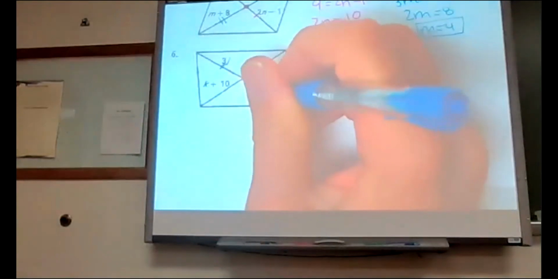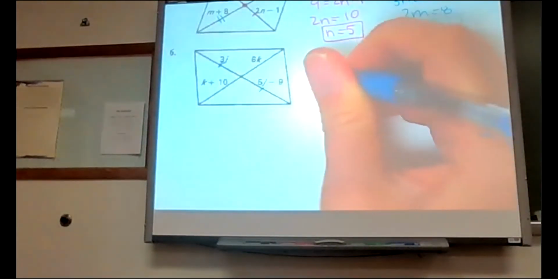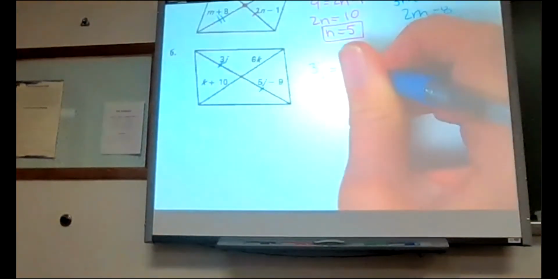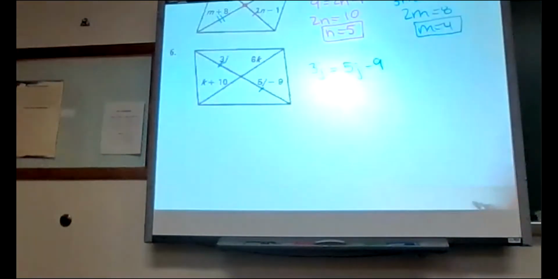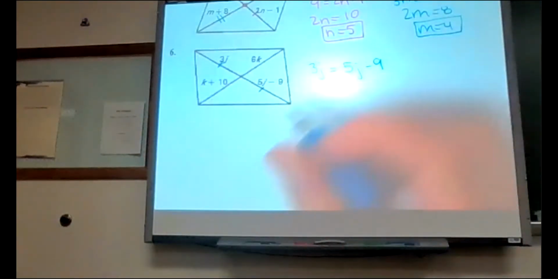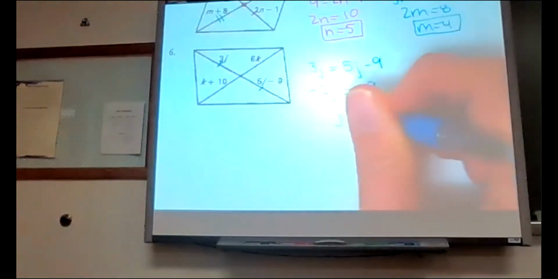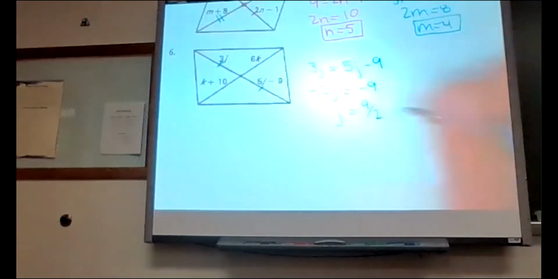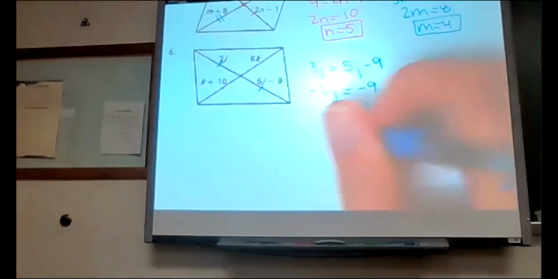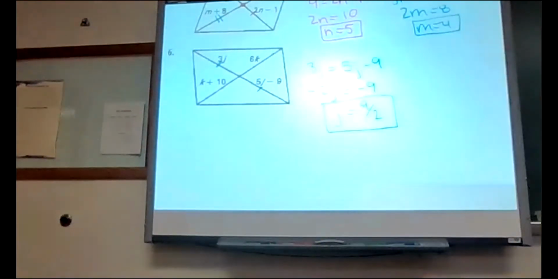Same idea here. So I know that this is being cut into equal parts. 3j equals 5j subtract 9, or negative 2j equals negative 9, and j equals 9/2 or 4.5.